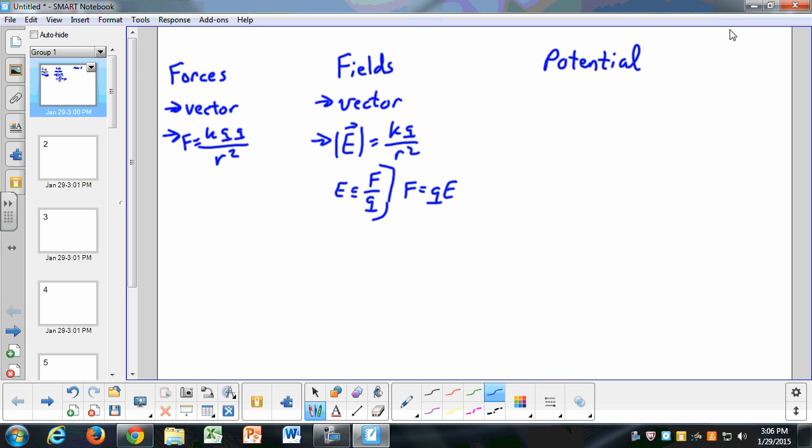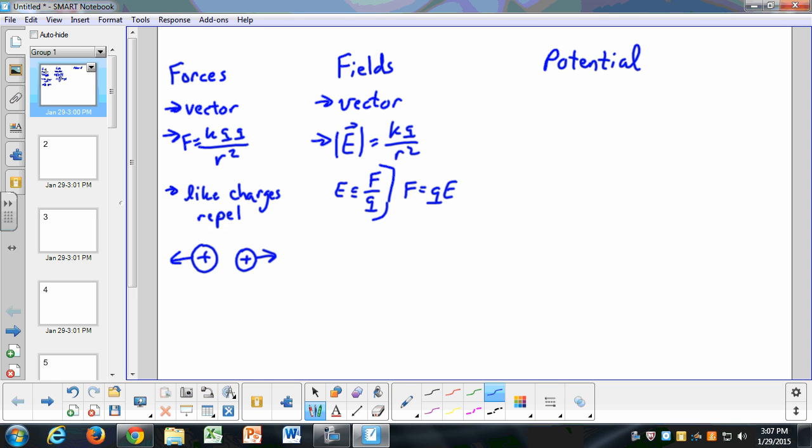To find the direction, because this is a vector, for the forces like we did last time, we just go with the idea that like charges repel. Alright, and then that tells us what the direction is. So for example, if I have two positive charges, they're going to be repelled from one another. And similarly, the opposite charges do what? They attract to one another. And so you can use that idea to figure out the direction.